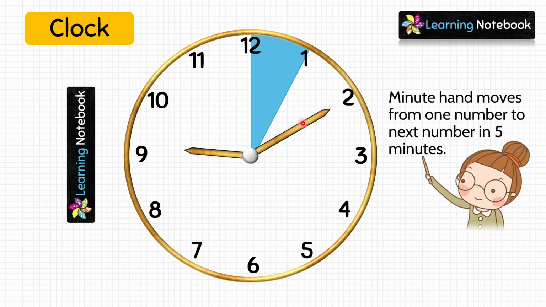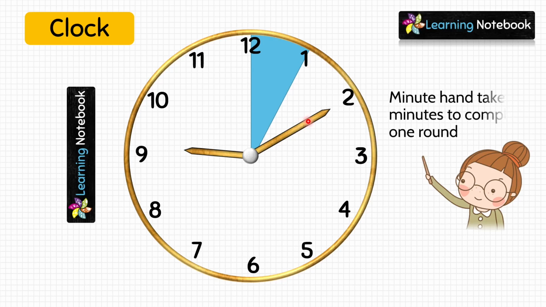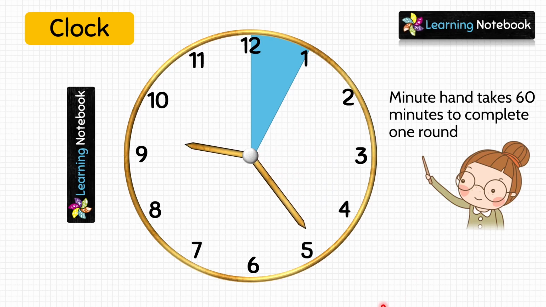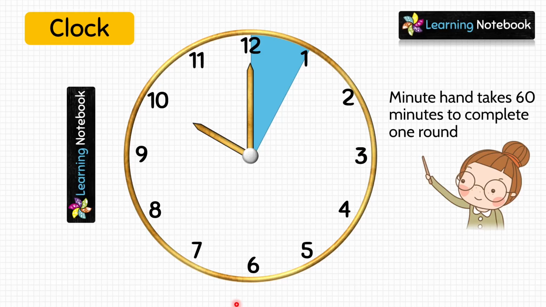So students, in this way, the minute hand takes 60 minutes to complete one round. Why 60 minutes? Because 12 into 5 equals 60 minutes. And 60 minutes equals 1 hour.